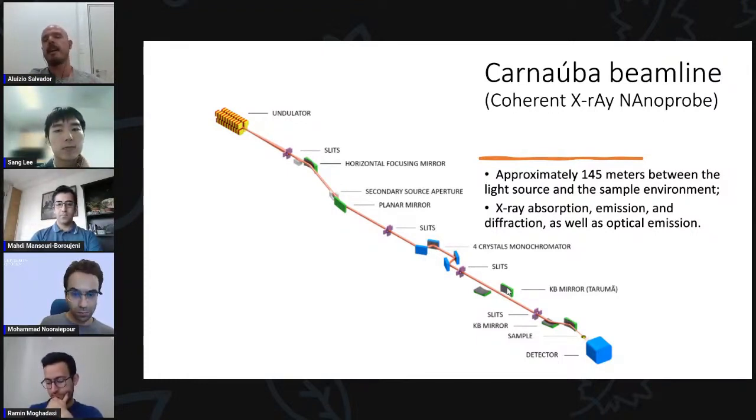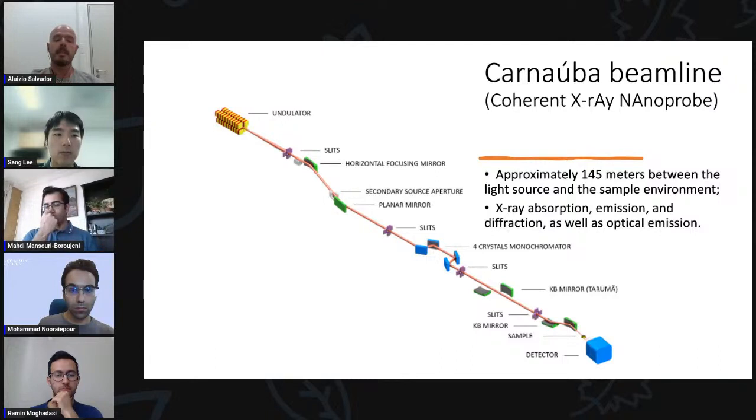In this beamline, you can study many types of nanostructured materials by using 2- or 3-dimensional images with X-ray absorption, emission, diffraction, or optical emission contrasts. However, to make our mineralization experiments available in this beamline, we need a big effort in sample preparation. And here is where microfluidic devices take place.